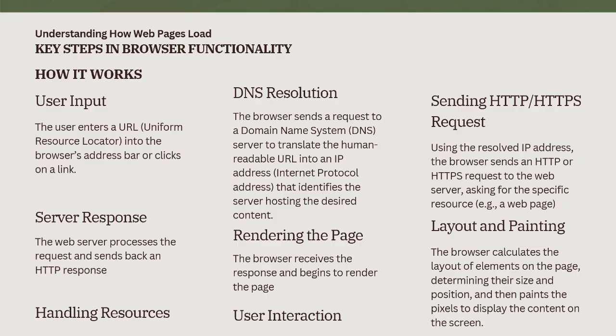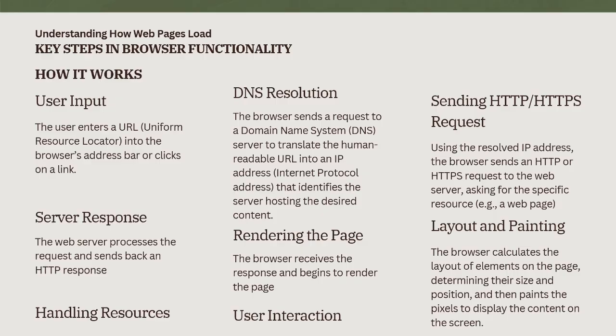Yes. And so after it has given the IP, it has converted the human readable name into an IP address. Then it uses the resolved IP address. The browser sends an HTTP or HTTPS request to the web server asking for the specific resource.